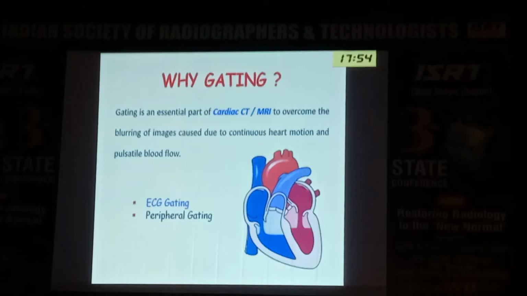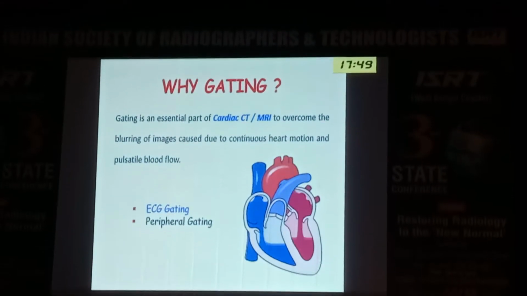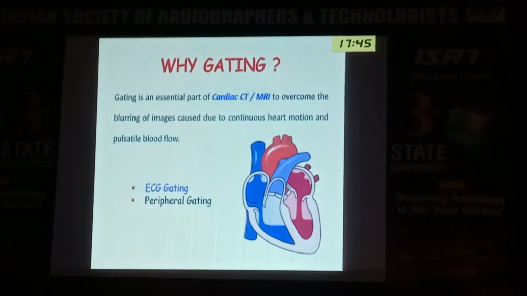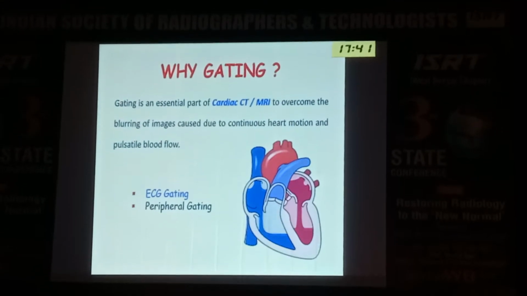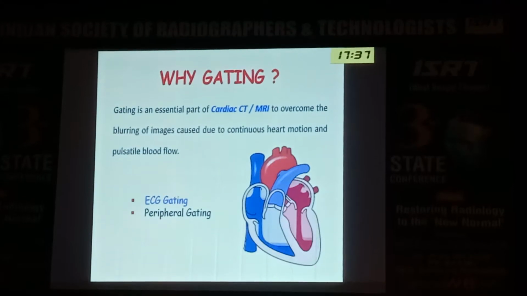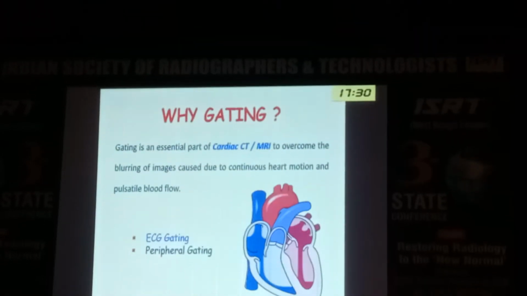Why is gating needed? Gating means something like synchronization. For example, if my friend is traveling in a train and I sit next to him, I can see his face clearly. Suppose I stand on the platform and the train is going very fast. Is it possible for me to see the face clearly? No, because he is moving at a different speed.